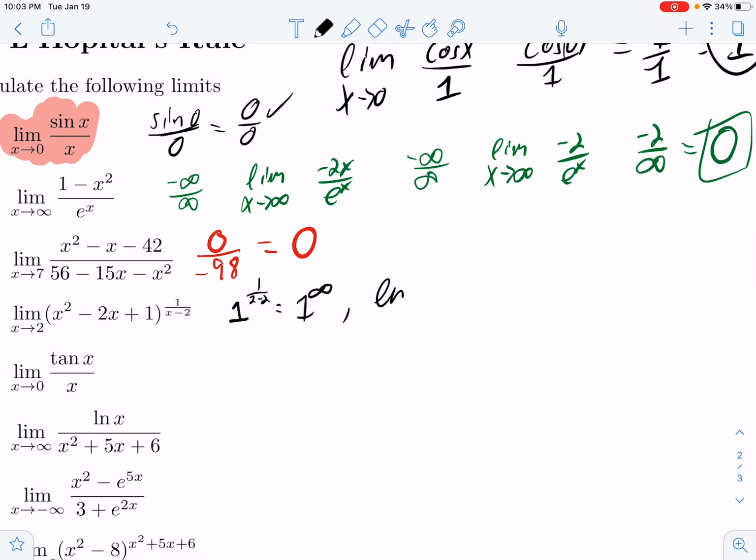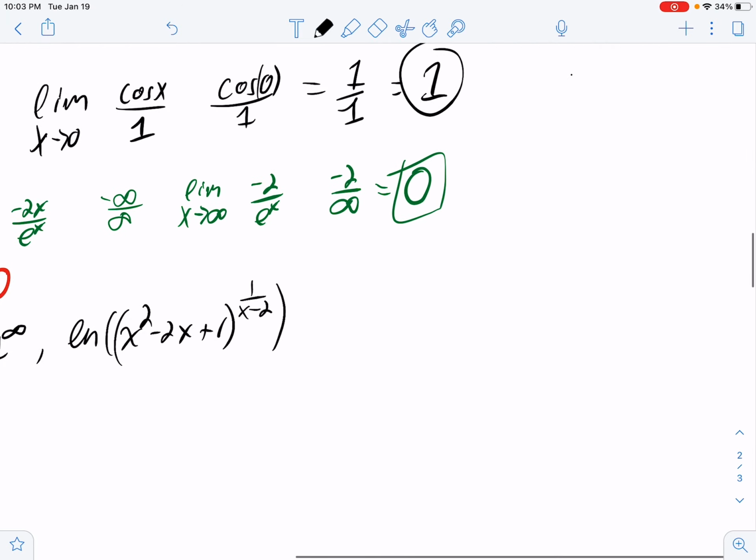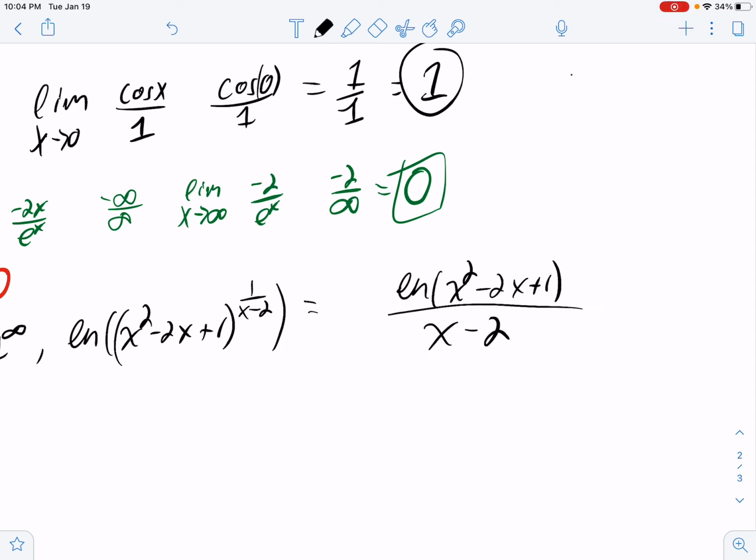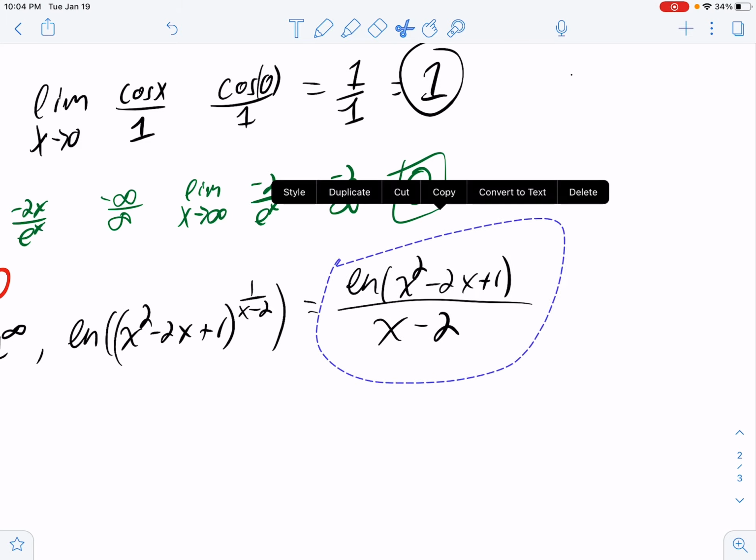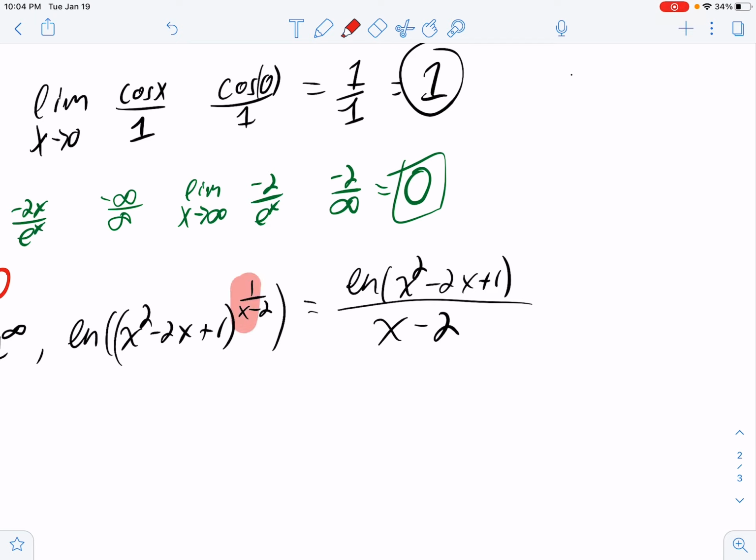So we're going to ln x squared minus 2x plus 1 to the 1 over x minus 2, which is going to be equal to ln x squared minus 2x plus 1 over x minus 2. That's the simplification we've done a couple times already, just by taking the exponent out of the logarithm.